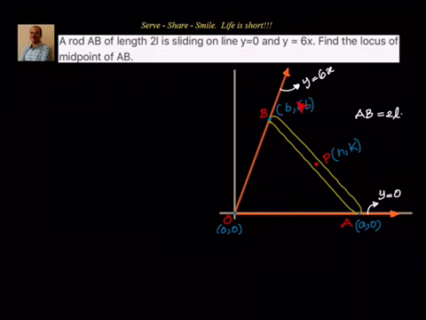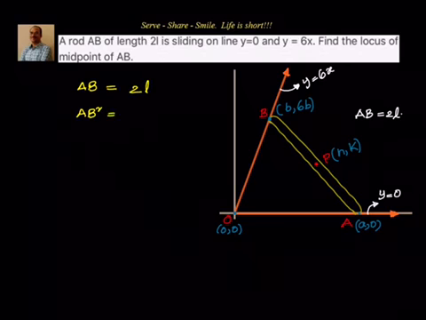To start with, length AB is equal to 2L, so AB square is equal to 4L square. We know that the coordinates of A are a comma 0 and of B are b comma 6b.